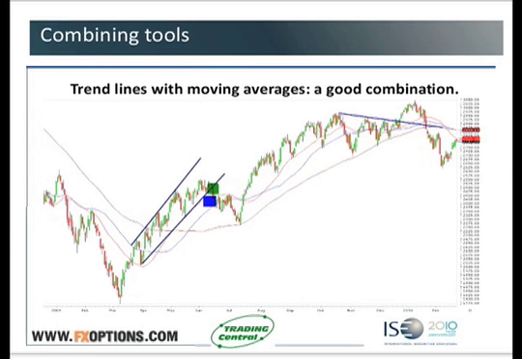In fact, it was a pullback on the 100 days moving average, because the outlook had turned bullish in April, May 2009, and this pullback was actually a good entry point, because it was exactly a pullback on the 100 days moving average.